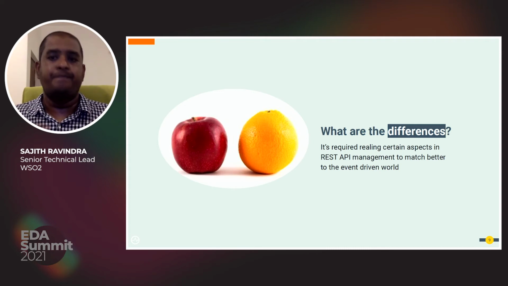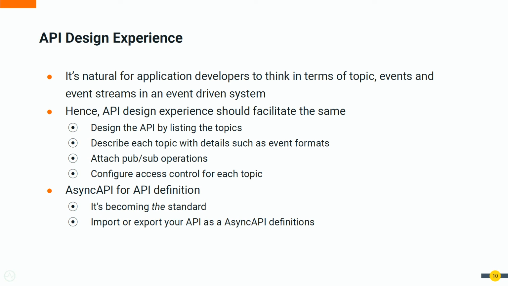So now let's see what these differences are, and what sort of changes we should make in order to adopt or realign these aspects into the streaming world better. So first, the API design experience, right? In the world of event-driven systems, we naturally think in terms of topics and events and event streams, and there you don't do gets and posts, instead you subscribe to a topic, or you publish to a topic, right?